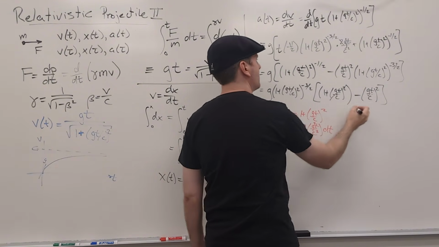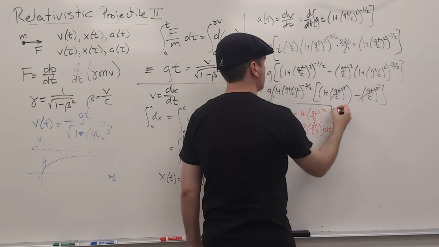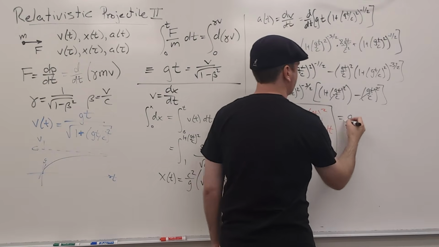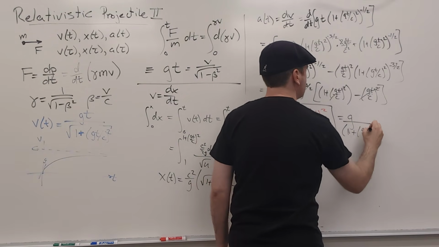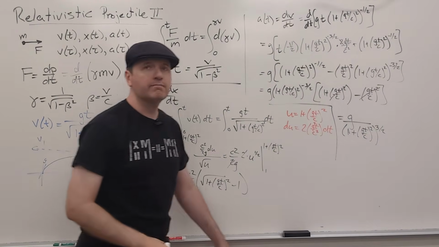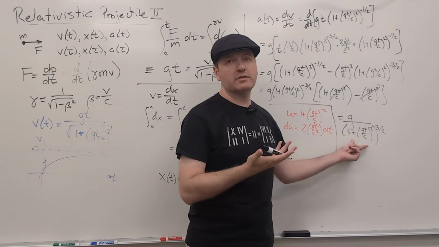But look, this term and this term exactly cancel. And so I'm left with actually a pretty nice looking result, which is g, maybe I'll write it as a fraction, over 1 plus gt over c quantity squared to the 3/2. Okay, a little ugly algebra perhaps, but a nice result in the end.